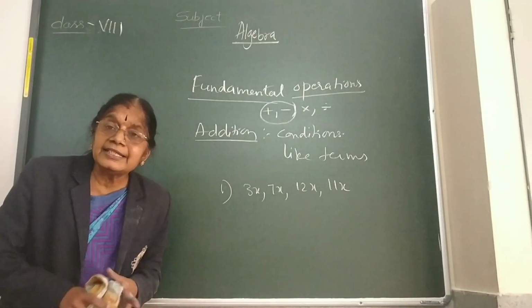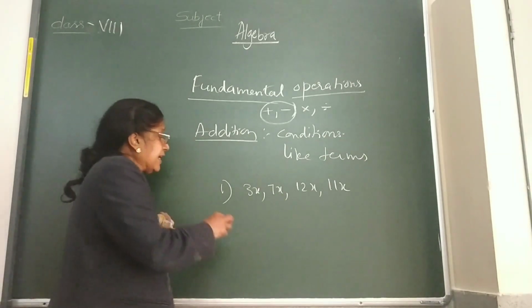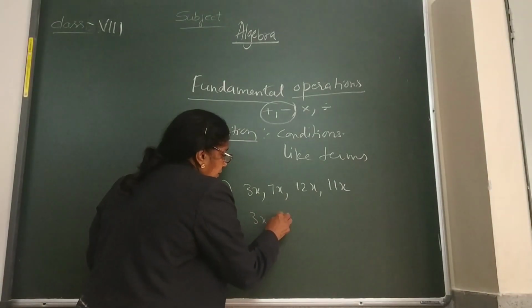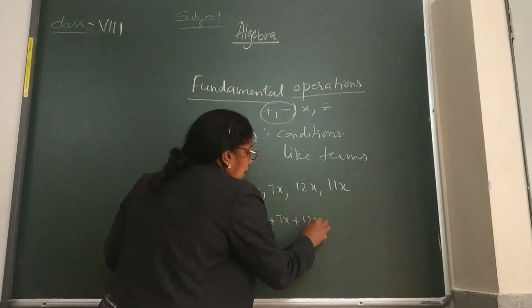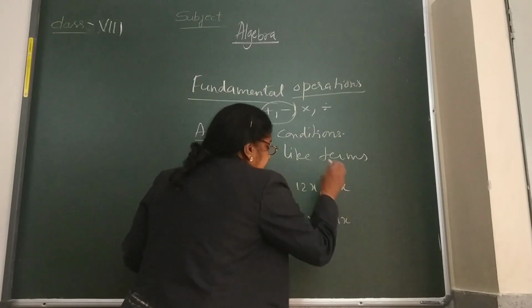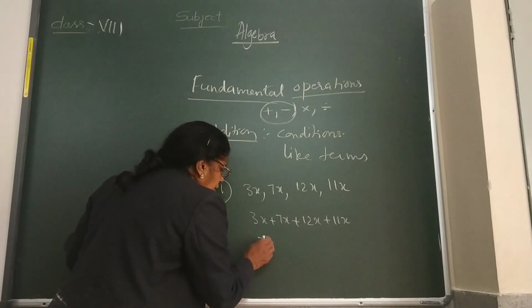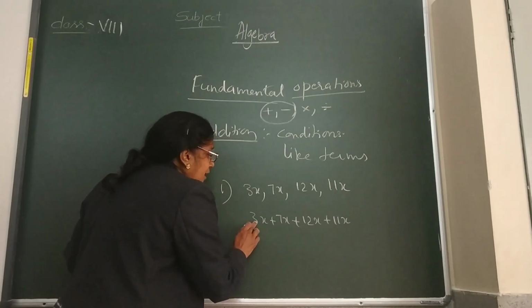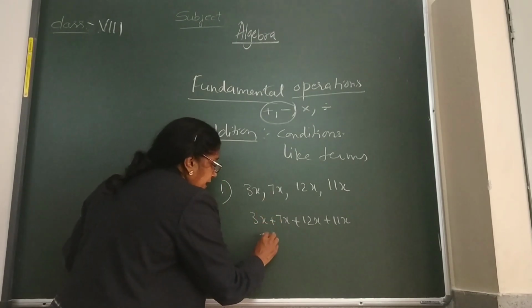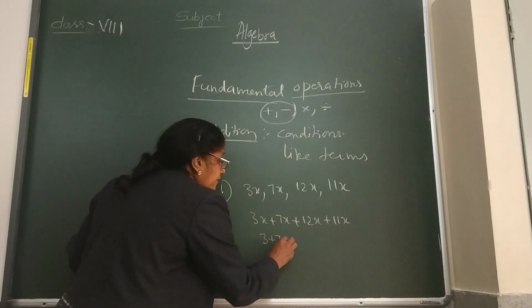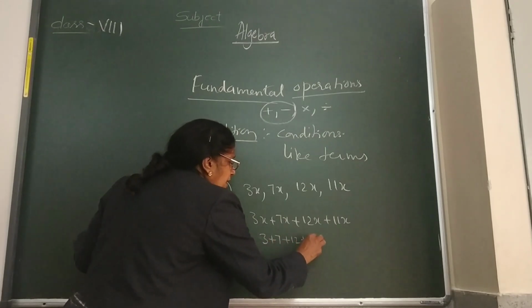Can I add these same variables? Yes, I can add 3x plus 7x plus 12x plus 11x. So what shall I do? I will take the x term. First I will write down whatever the coefficients are: 3 plus 7 plus 12 plus 11.